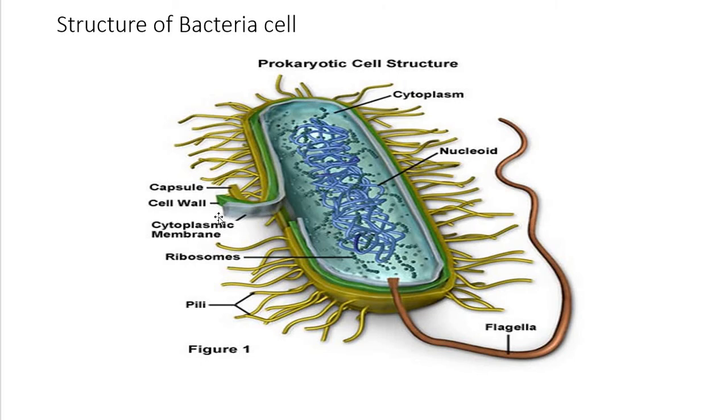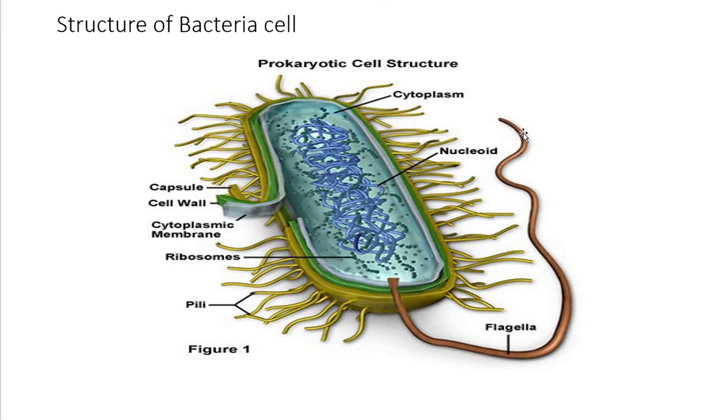And next to this we can see the cell wall here. The green color you can see here is the cell wall of the bacteria. Usually a bacterial cell has a thick, rigid cell wall. It prevents the cell from expanding and bursting. It is often made up of peptidoglycan, and we can see the flagella here.